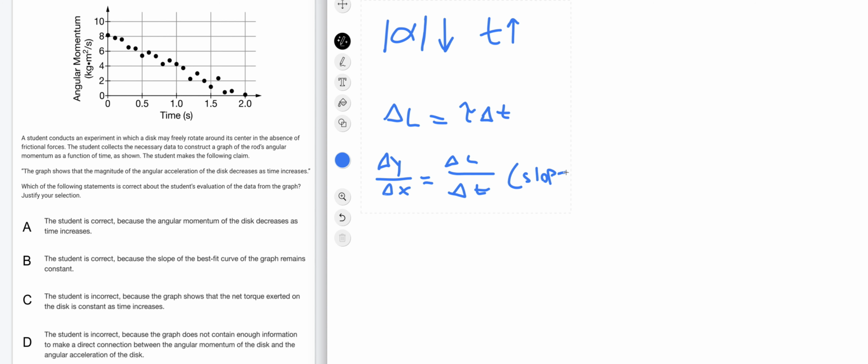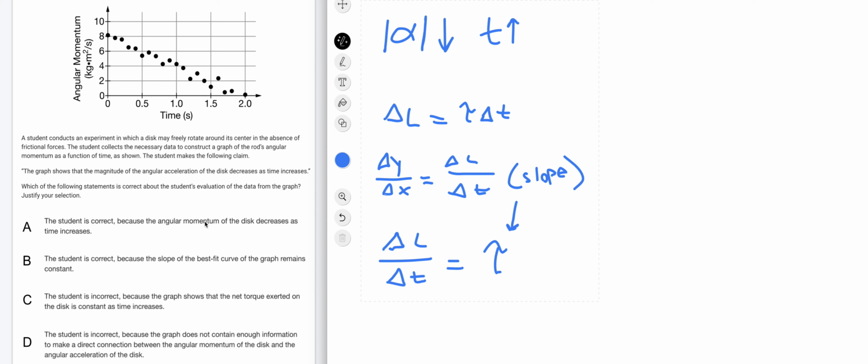At this point, you might be noticing that we have delta L and delta t over here. All we need to do to get to our slope is divide both sides by delta t. So in that case, we would get delta L over delta t is equal to the torque. That's the symbol for torque. Once you divide delta t on both sides, you get this. So now we know that our torque is equal to the slope. That's very important. The torque is the slope.